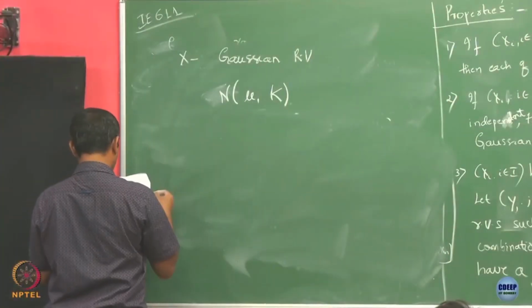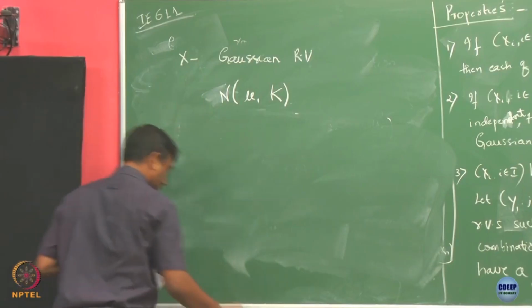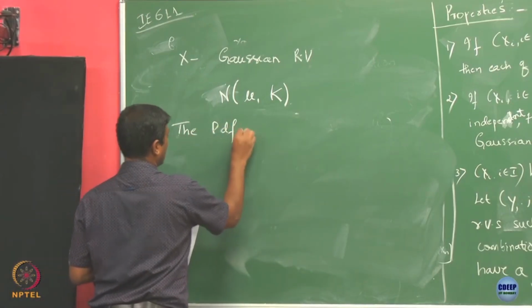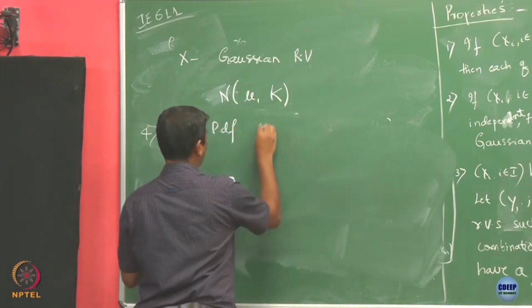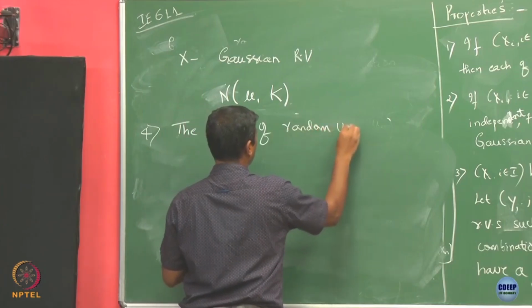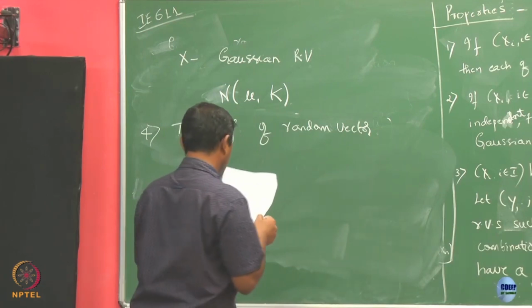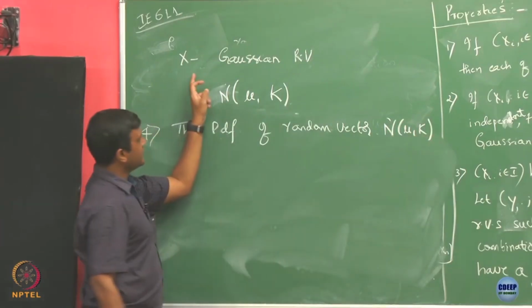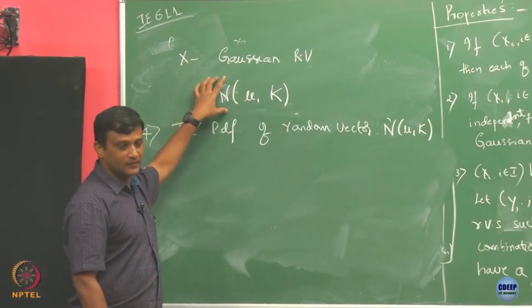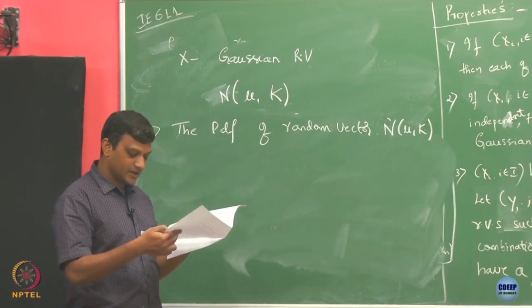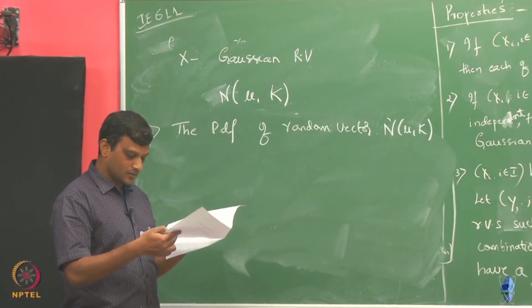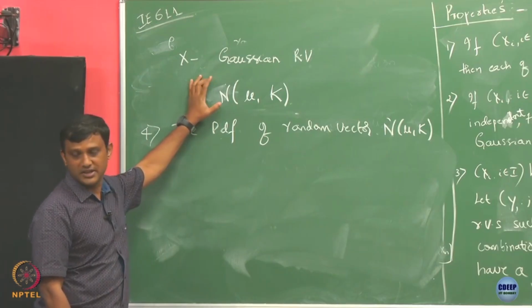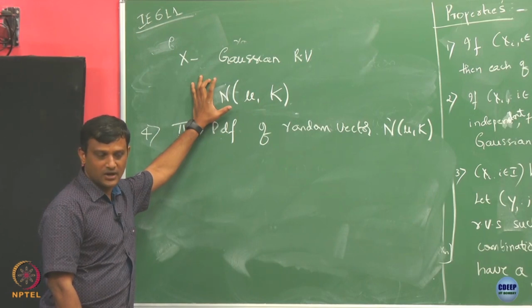So now, the PDF of a random vector. Let us say x is a random vector and its PDF I am going to denote as N(mu, K), where mu is the mean vector and K is the covariance matrix.